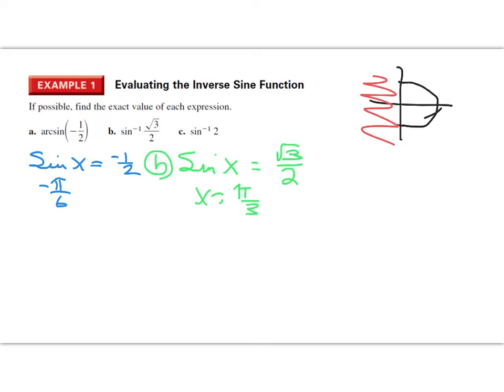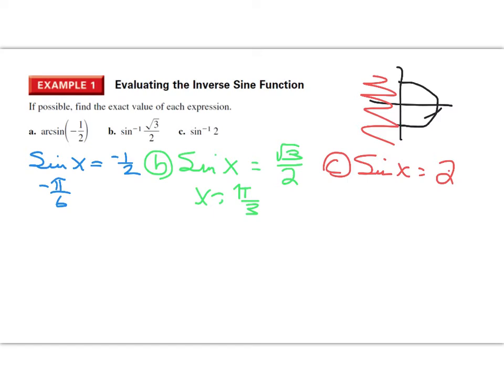Okay, and then the next one is for C, we want to do the sine of what angle equals 2. And so something you need to think about here is that for the sine to be 2, when can the sine be 2?